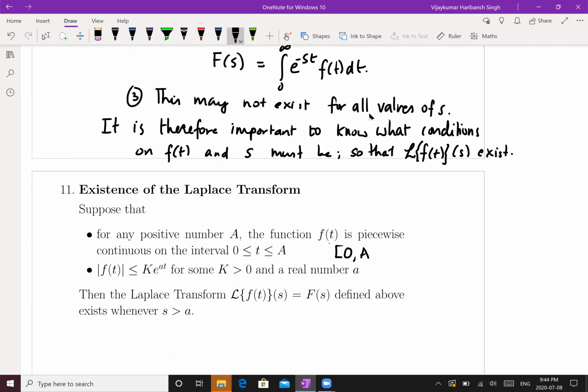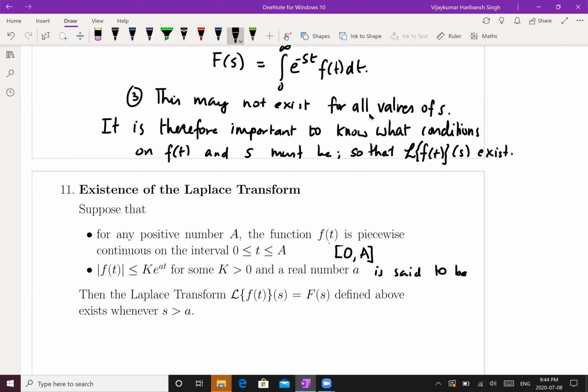That is the first criterion. And the absolute value of f of t must be less than or equal to k times e to the power at, for some k greater than 0 and some real number a.